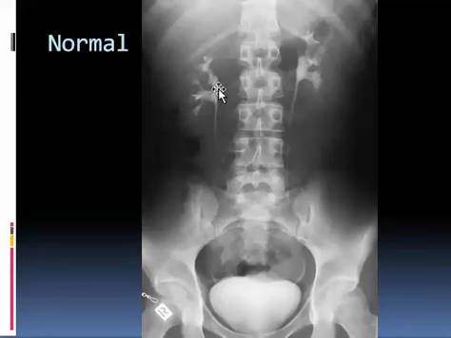And here the renal pelvis is split, same as here. This is a usual finding. And then in the kidney, the length of the right is a little bit more than the left, but there should be symmetry.